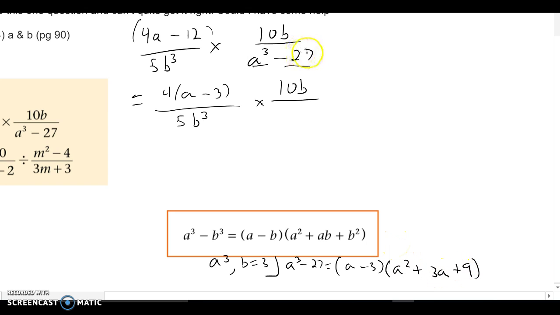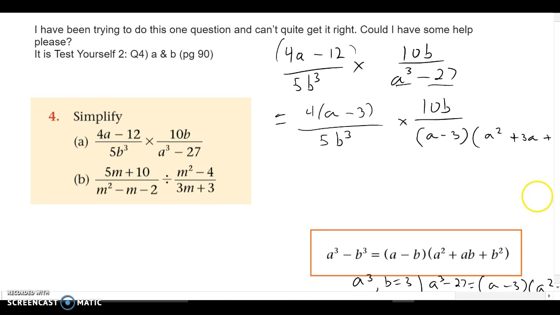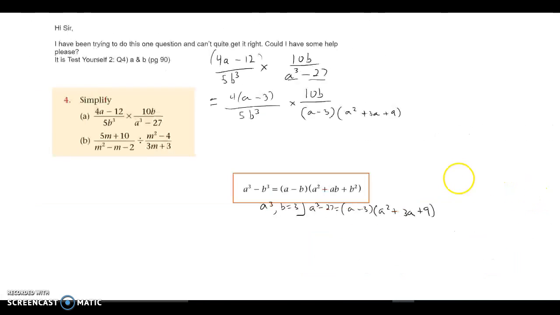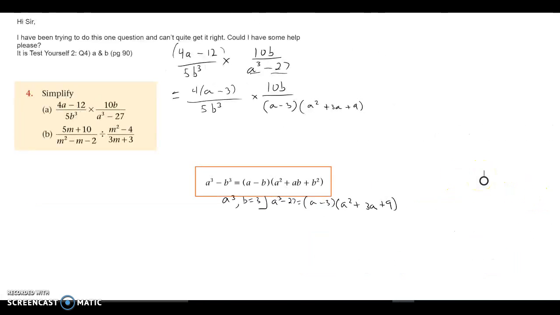So this a cubed minus 27 is factoring to (a minus 3) bracket a squared plus 3a plus 9. That's how that one will factor for us. And now that I've done that, we can look out for canceling common factors.